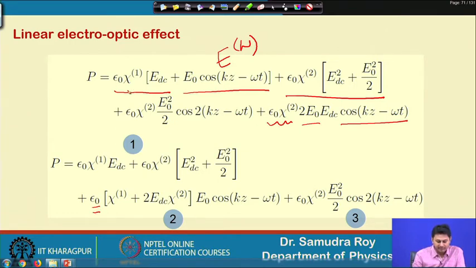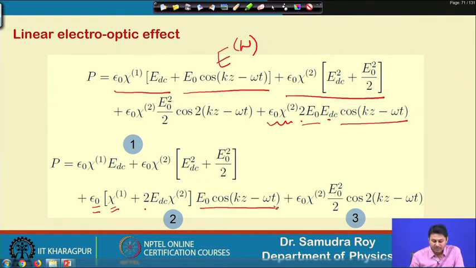In this case, it is chi 1, and in this case it is chi 2 E DC, and there is a 2. So, I do that. The next term, E 0 cos(kz - omega t) and E 0 cos(kz - omega t), both are the same, so I take it common.